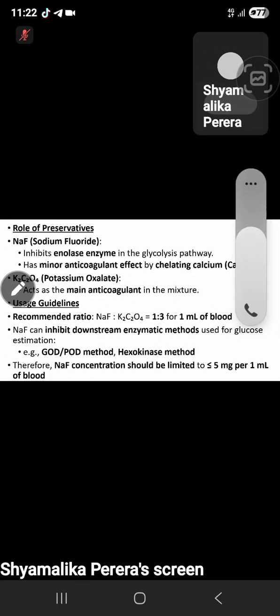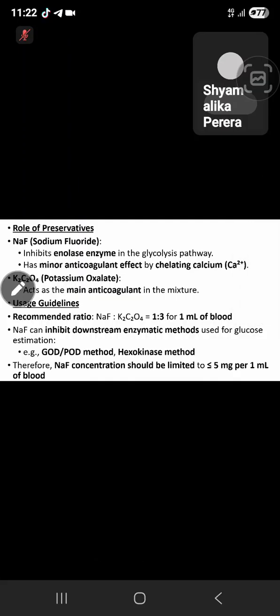Sodium fluoride also has a minor anticoagulant effect, as it can chelate calcium and prevent blood clotting. The other substance, potassium oxalate, is the main anticoagulant in the mixture.